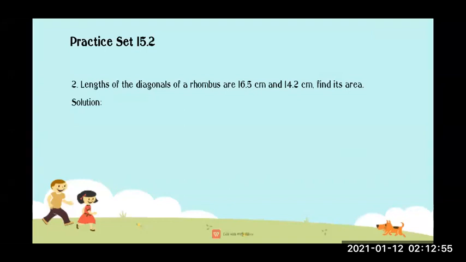Okay. By putting their values, what is the final answer you people are getting? Yes, what is the final answer you people are getting? 117.15. Other students, are you getting the same answer?